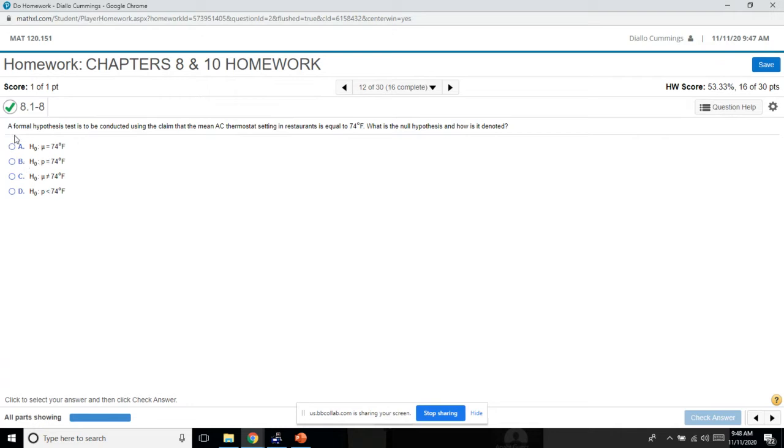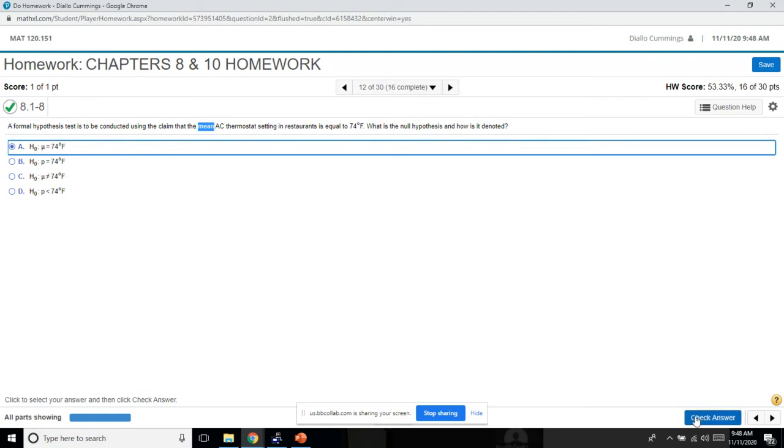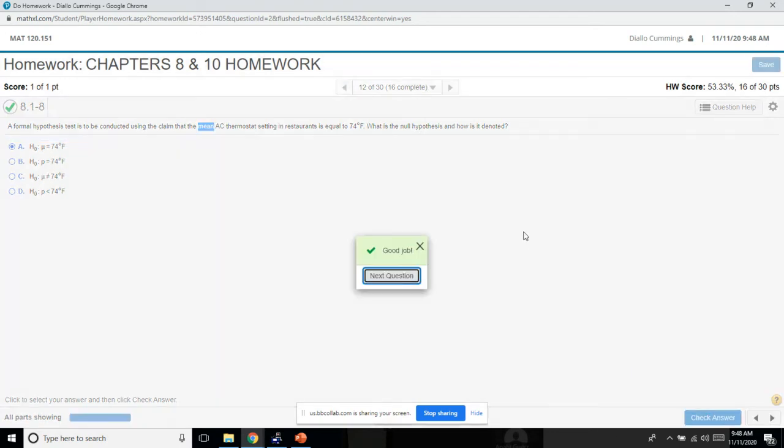This reads: a formal hypothesis test is being conducted using the claim that the mean AC thermostat setting in restaurants is equal to 74 degrees Fahrenheit. What is a null hypothesis and how is it denoted? Here again, the mean is denoted, so I'm going to search for the null hypothesis that shows the mean. The null hypothesis must also be equal, so I'm going to choose answer choice A.